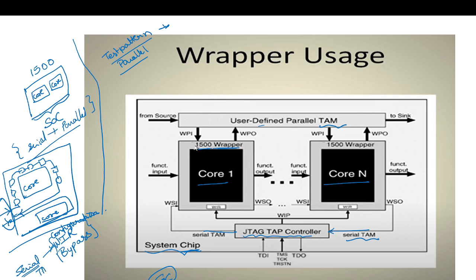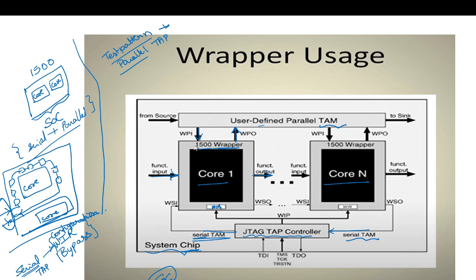You can say this is the TAP controller, so serial TAP, and the parallel TAP will be used for applying the test patterns. If the input is directly obtained at the output, it is the normal mode of operation. Otherwise, if you want to apply the test pattern, we apply through this WPI parallel TAP, and after this we can capture and obtain the results at the WPO. For updating the WIR register, instruction register, or the bypass register, we will use this serial TAP.